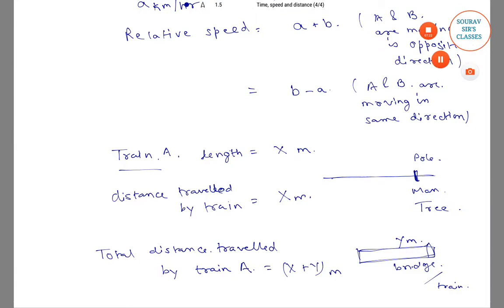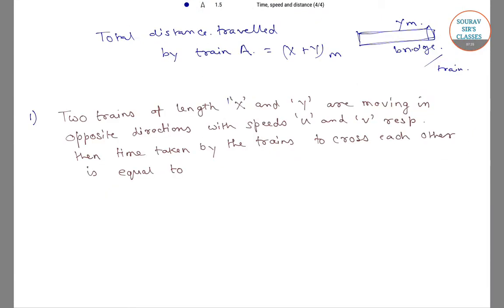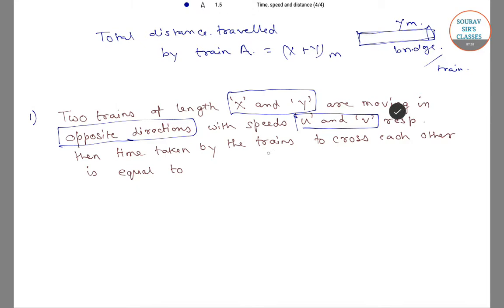So if we have two trains with length x and y that are moving in opposite directions with speed u and v respectively, then the time taken by the trains to cross each other is equal to x plus y divided by u plus v.